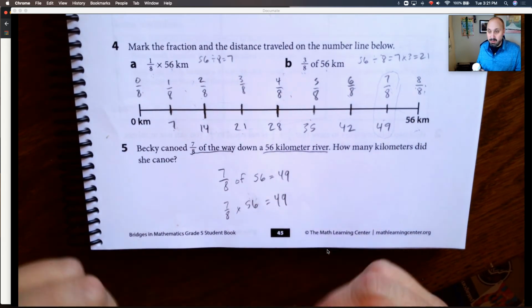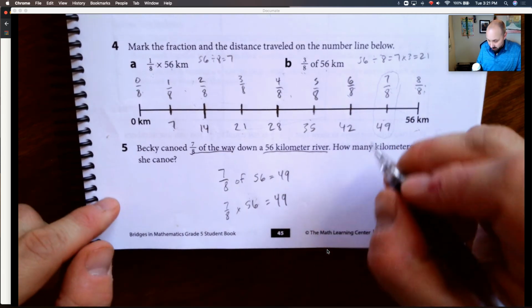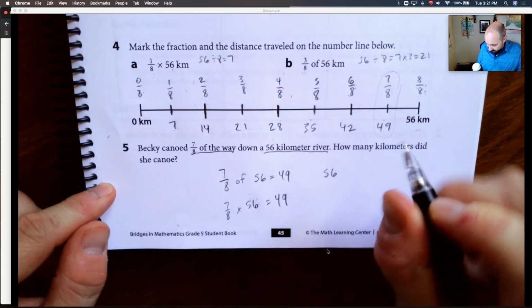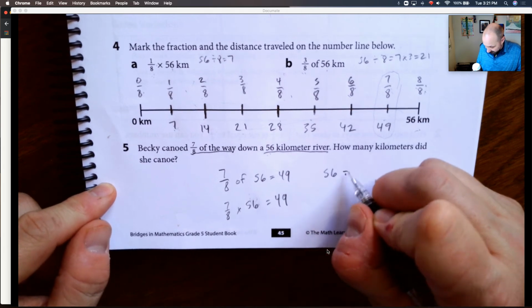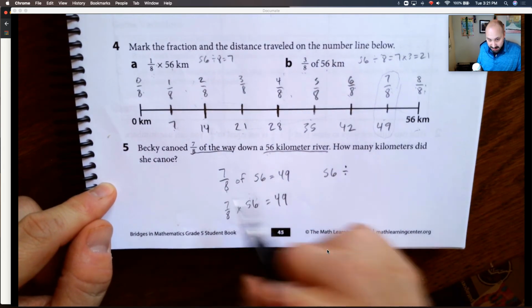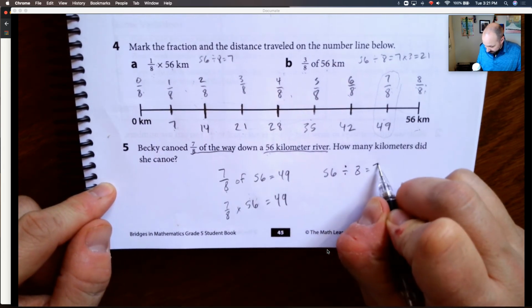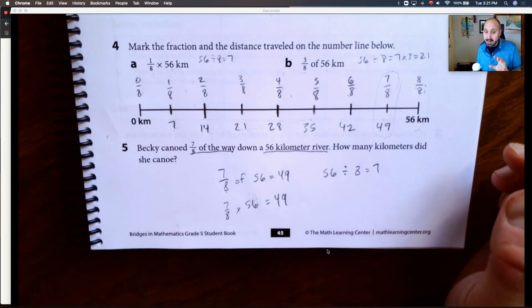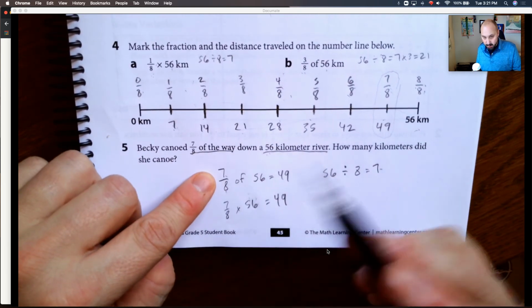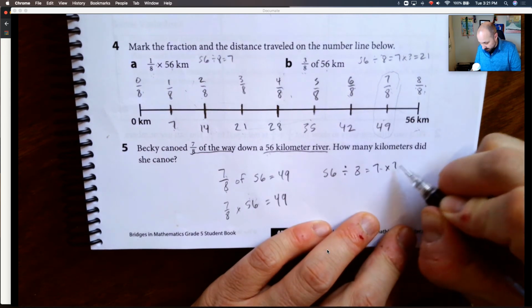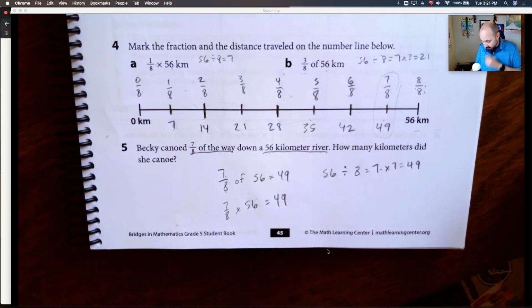And if we used our strategy or our algorithm, what that looks like is we take our 56, the amount that we're traveling, divided by our denominator, which is 8. That gives us 7. So that's our 1/8 mark. Then we just multiply the numerator. So 7 times 7 is 49.